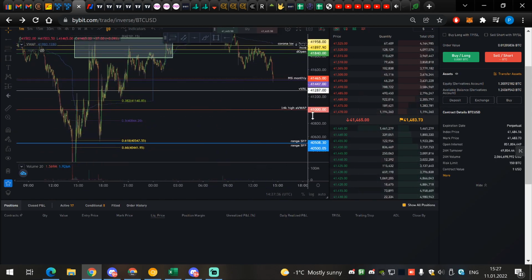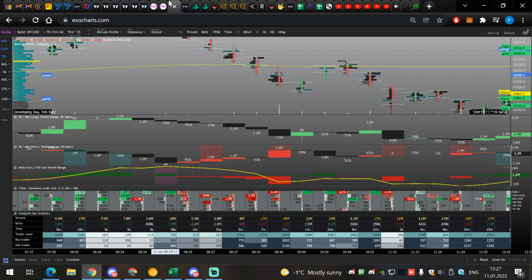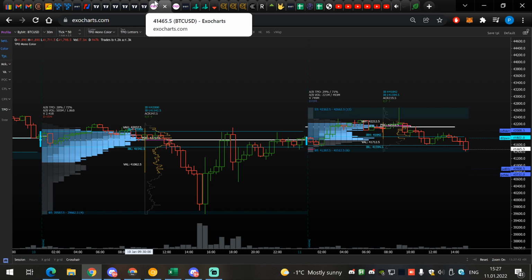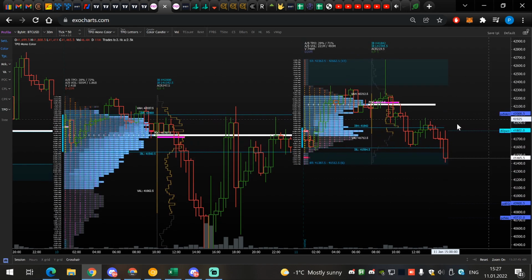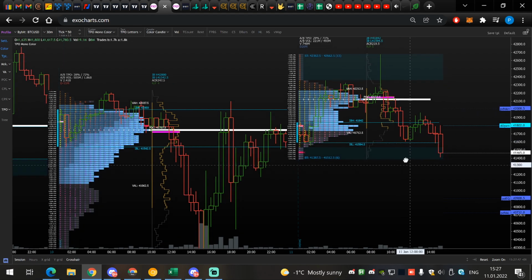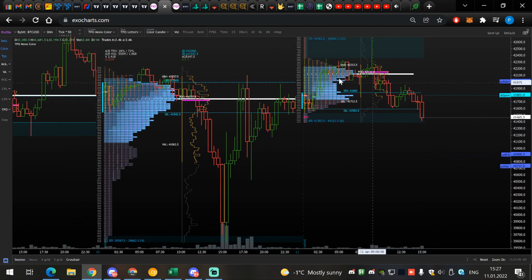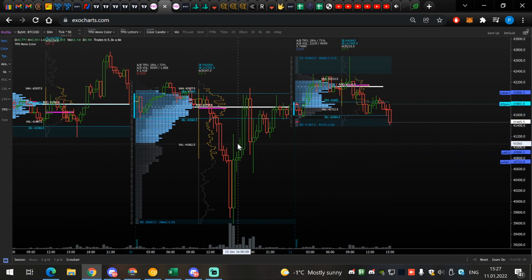Market slowly wants to go into our area. You see, we are breaking initial balance low, which can lead to a directional move from this small range into this bigger range of previous day.